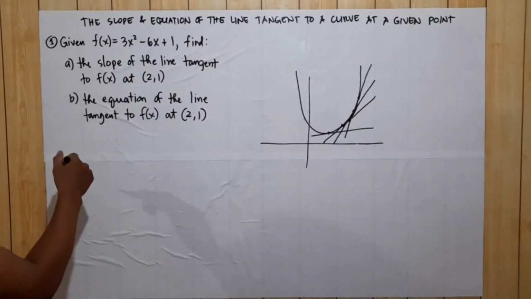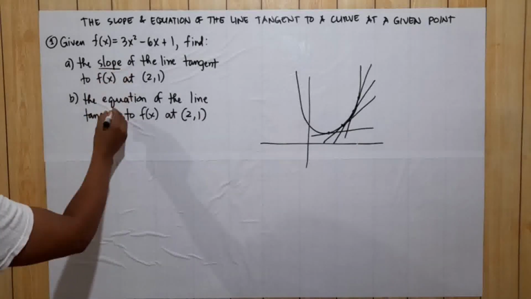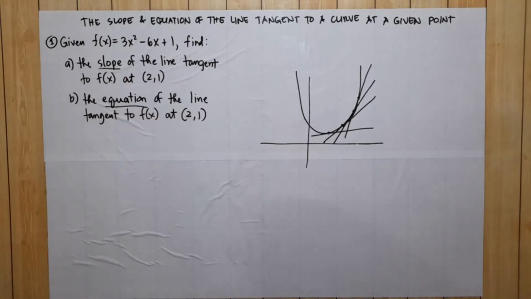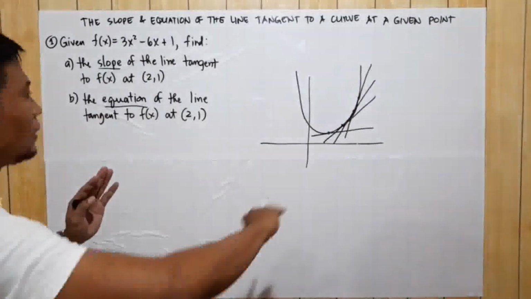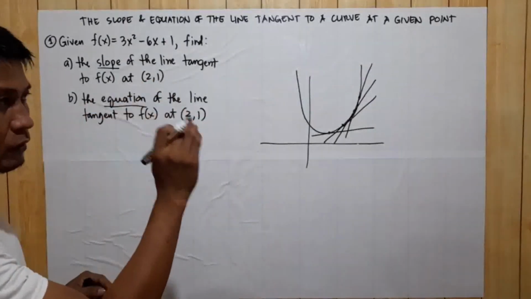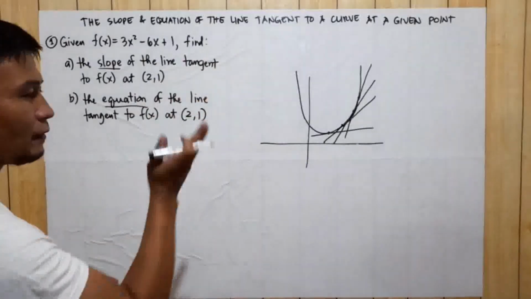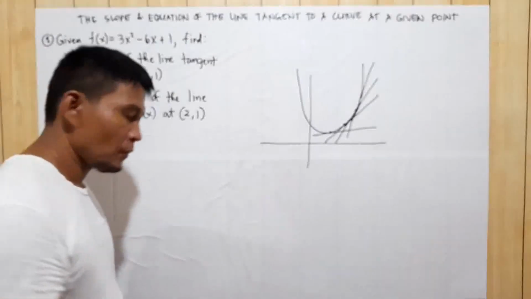Pangalawa, the equation of the line tangent to f of x at (2, 1). So, meron po tayong function na curve, merong given point, kung ano po yung slope on that particular na point, at ano naman yung equation niya. Yan po ang isosolve natin ngayon.